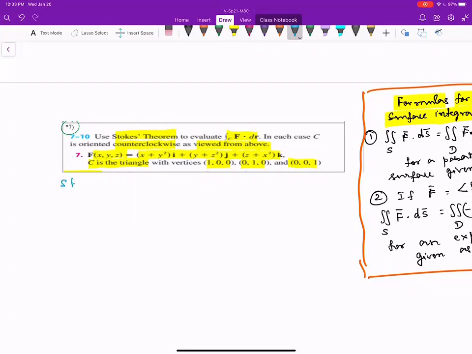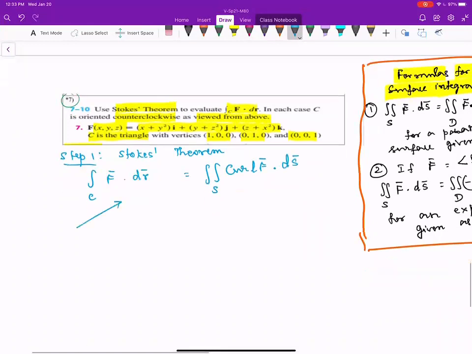So first, we will recap what Stokes theorem is. Integral over C F dot dr is double integral over S curl F dot dS. And we know that this is what they ask.